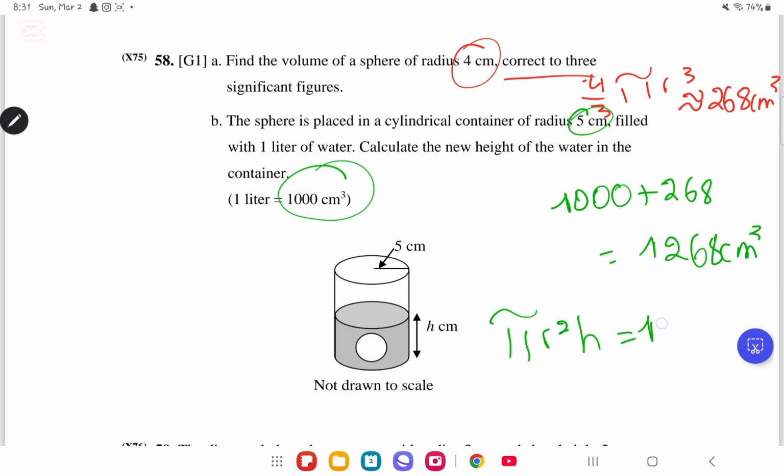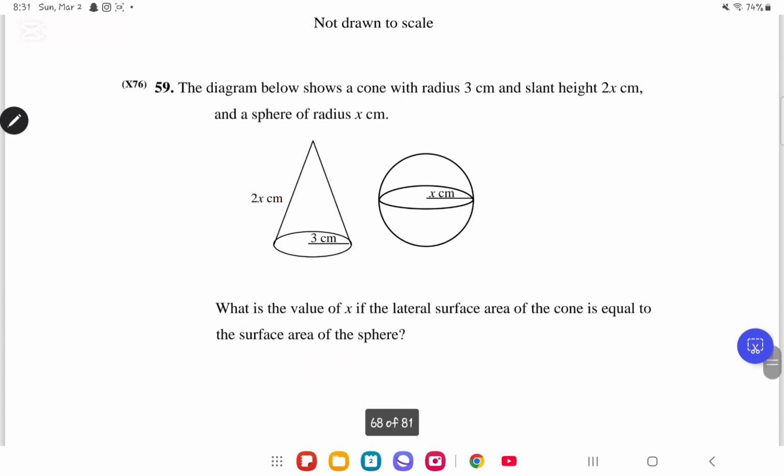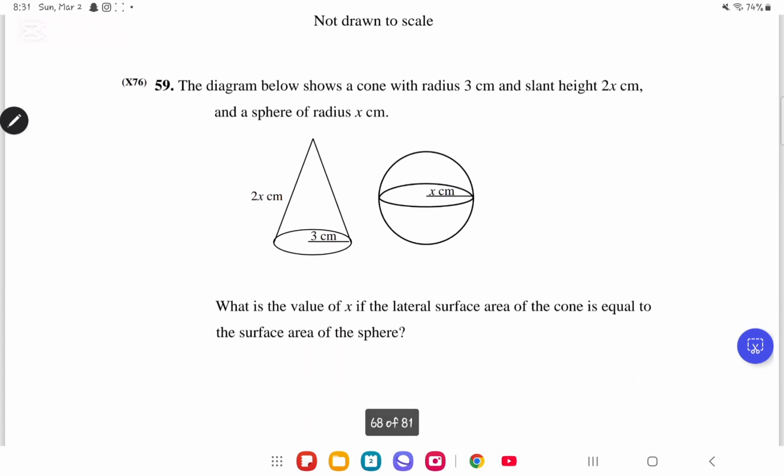It is equal to 1268, and we know that the radius is 5. So very simply, 1268 divided by 5 squared times pi, you're left with the height, which is approximately 16 centimeters. So we finished question number 58.